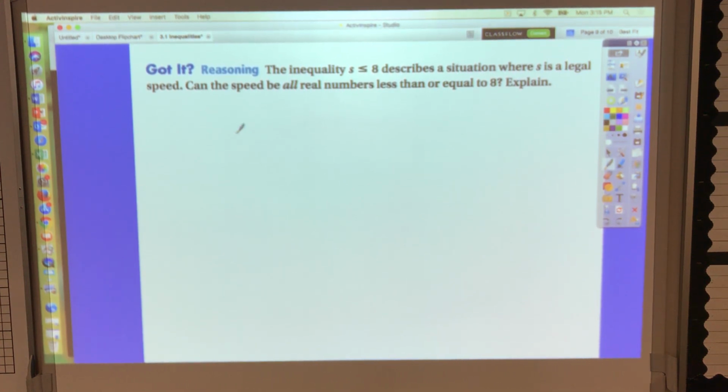So we could change that statement, and that only doesn't work just because of what it's representing. It describes a legal speed. If it wasn't a word problem, s could be any real number less than or equal to 8. But since it's a real world problem and it's talking about speed, it cannot be negative numbers.